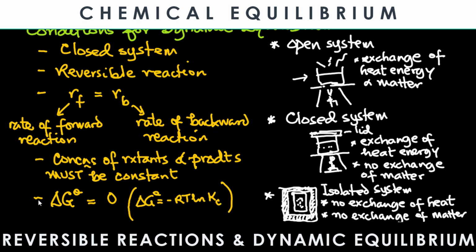And when the equilibrium constant is equal to 1, we'll learn about this later in the third part of this series when we're looking at equilibrium constant. When the value of the equilibrium constant is 1, it means that the system is at what? Equilibrium. In other words, the concentrations of the reactants and products are what? Equal. And when the equilibrium constant is 1, I substitute 1 into this equation, definitely delta G theta will be equal to what? 0. And that is it.